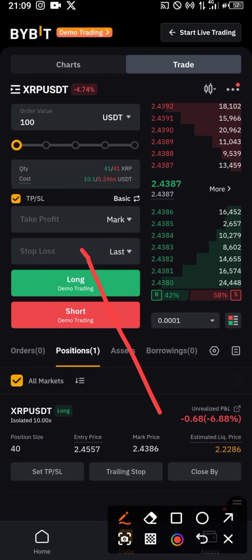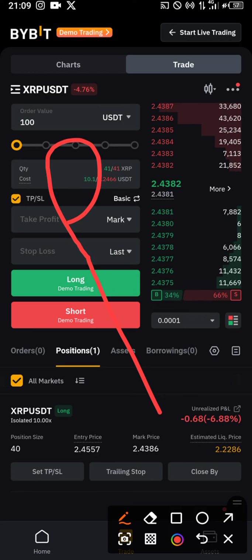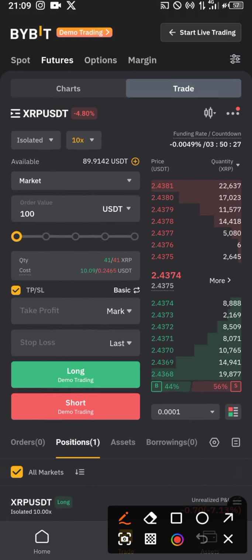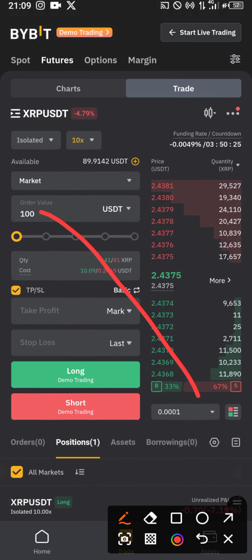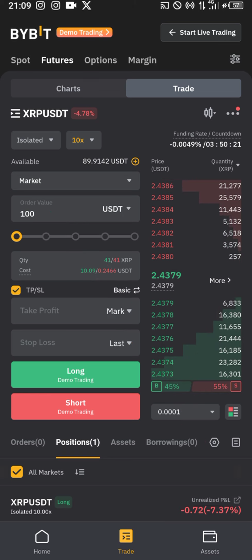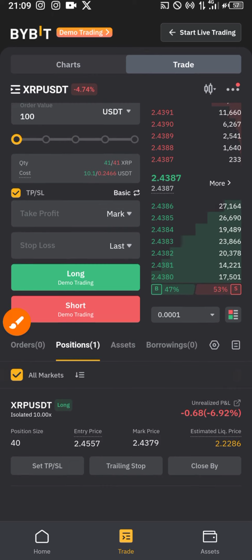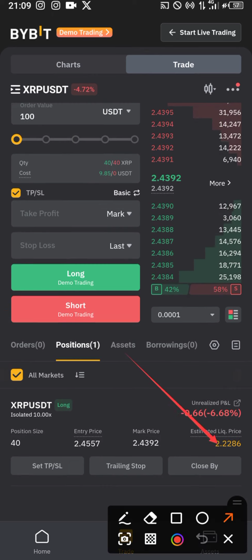Your position value is your order value right here. Now, if you use this formula, you should be able to arrive at this liquidation price they put here.